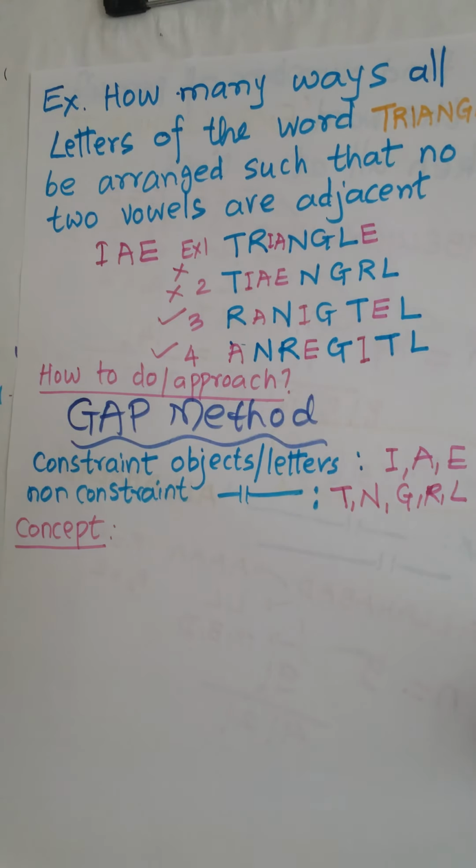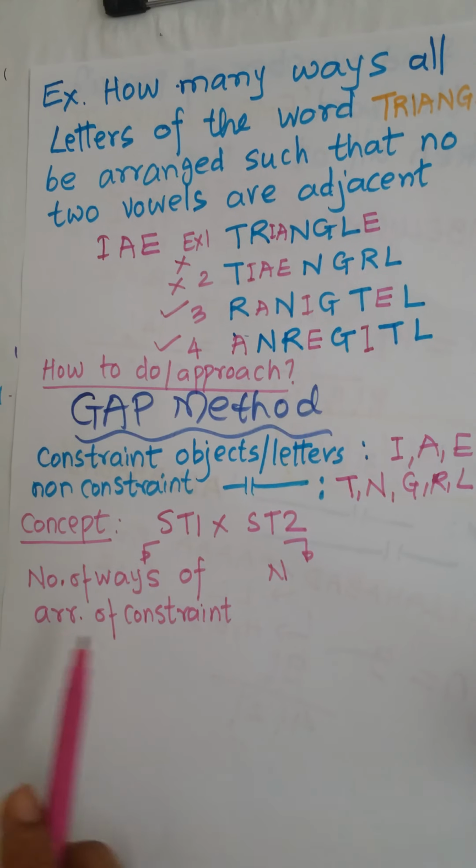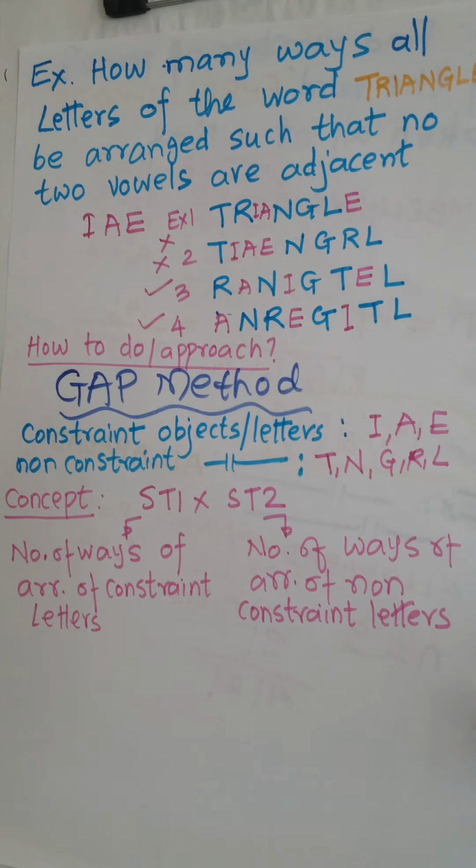Now the concept here is there are 2 subtasks involved. Subtask 1 is the number of ways of arranging the constraint letters, and the second subtask is the number of ways of arranging the non-constraint letters.